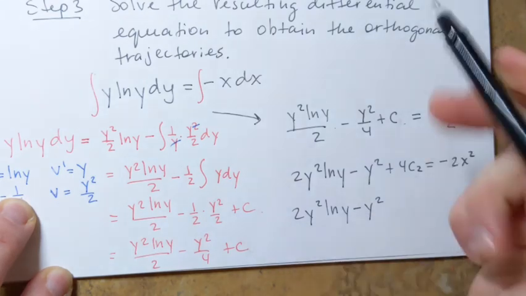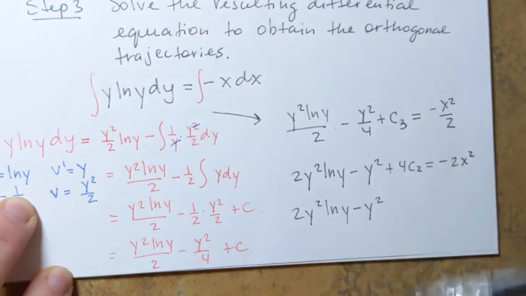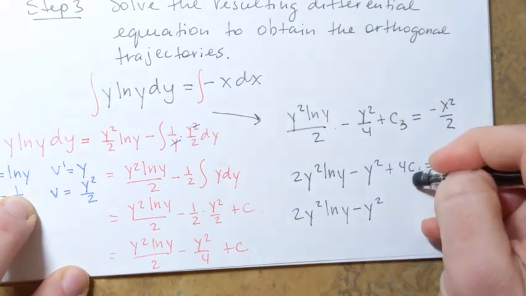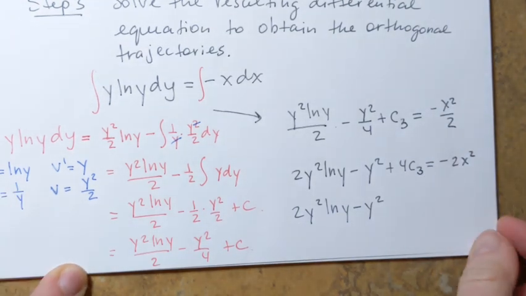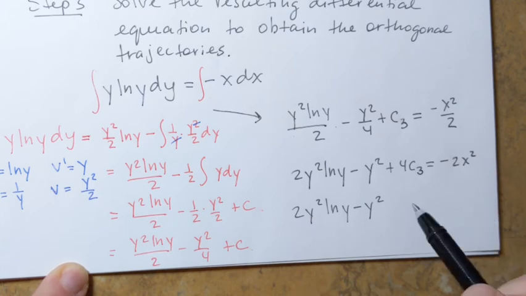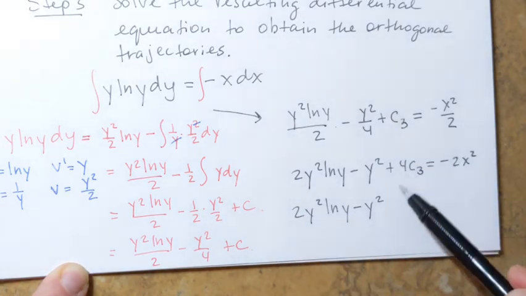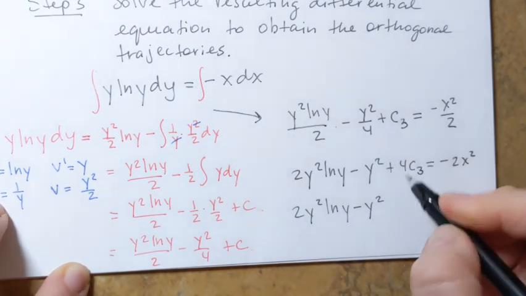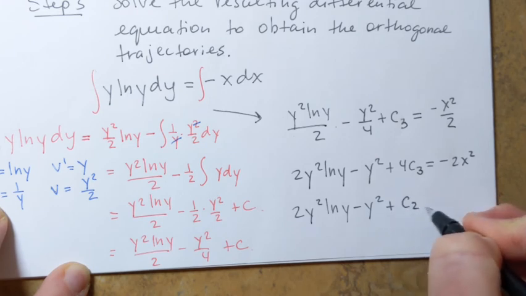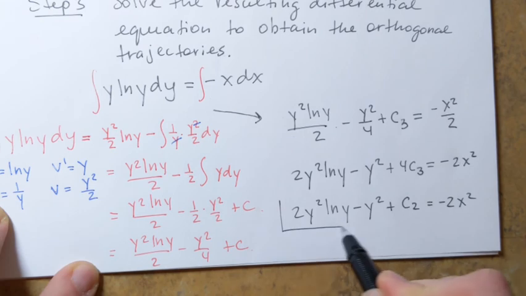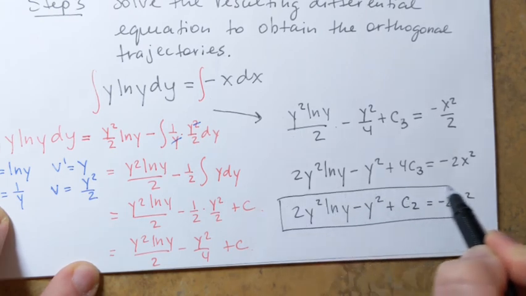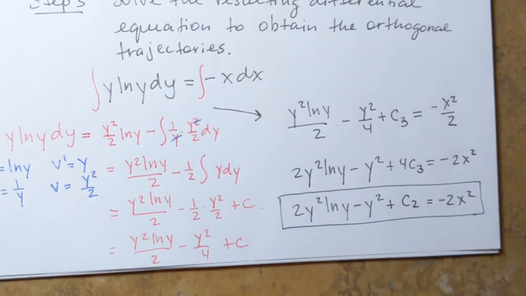Now here we have C. Let's call it C3. It's a little bit silly what I'm doing right now, but I really want to have my answer with C2. So C is C3, and now for C3, I'm going to relabel it as C2. Okay, here it is. I got what I wanted. I'm going to box that. But yes, that is the final answer, and that's the orthogonal trajectories for the original family of curves.